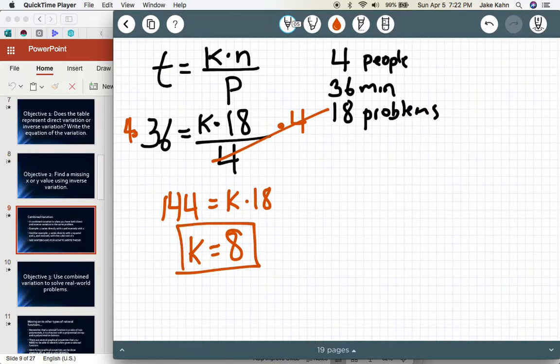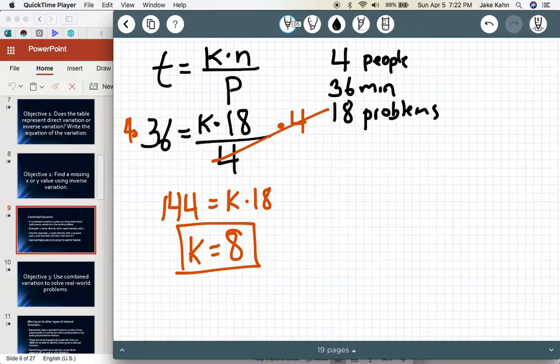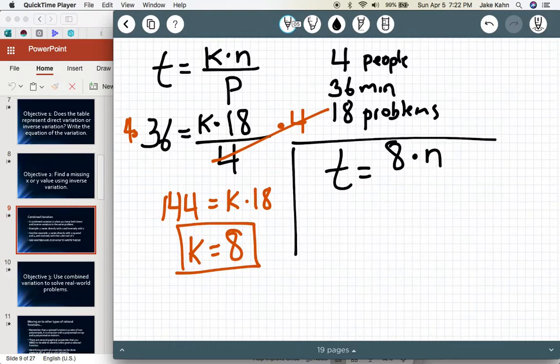Okay, so now if we write out our equation with our constant of variation plugged in, t is equal to 8 times n over p. This is always true for t, n, and p, that relationship. It's always 8 times n over p equals t. We're almost done.